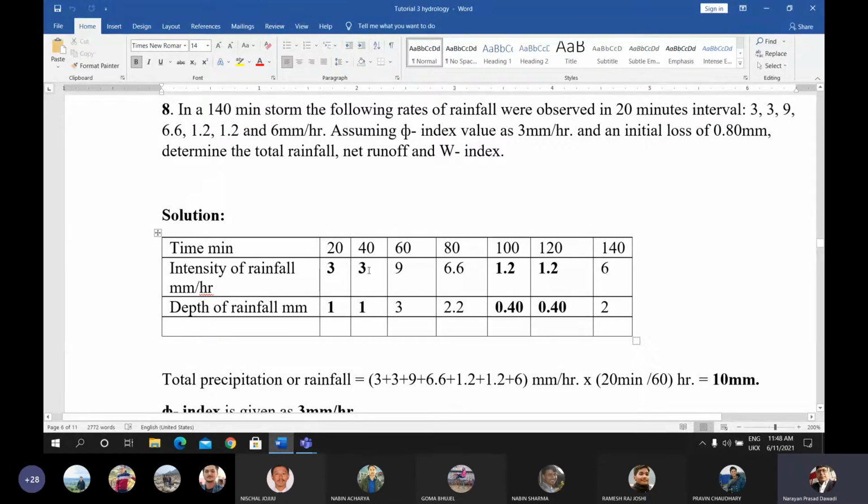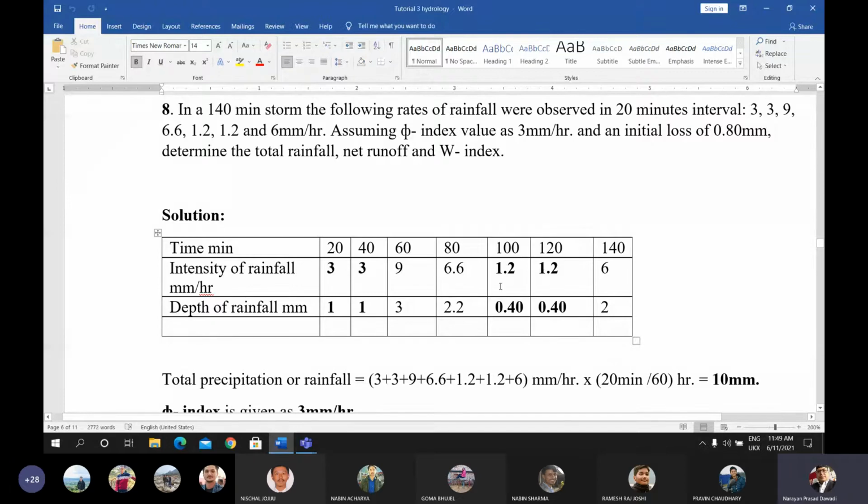The intensity of rainfall is 3, 3, 1.2 and 1.2. These values are compared with the phi index value. If these values are equal to or less than the phi index value, then this intensity of rainfall does not produce surface runoff.